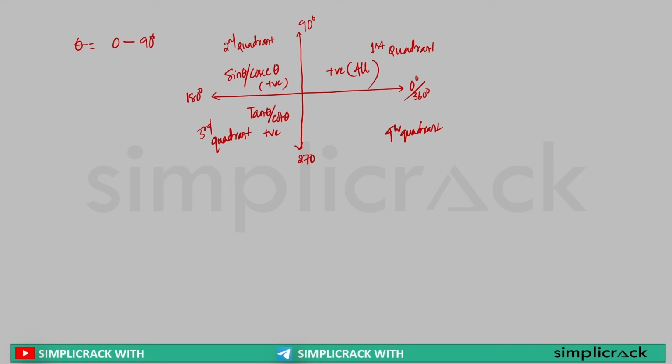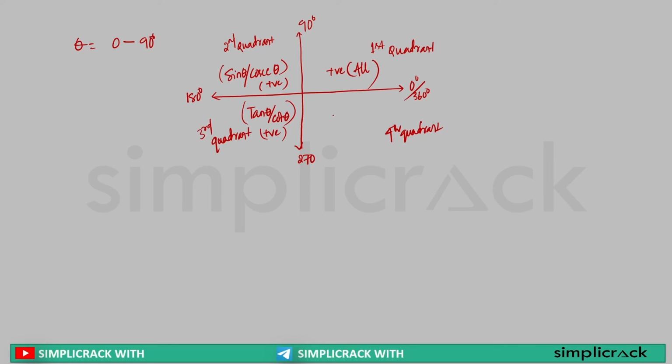That means if I ask what is the value of cos 120 degrees, it will be a negative value. If I ask what is sin 250 degrees, it will be a negative value, because in the angle between 180 and 270, only tan and cot are positive. Here only sin and cosec are positive.